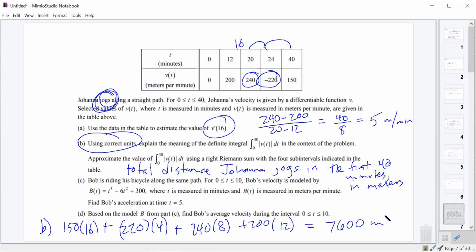All right. Part C. Bob is riding his bicycle along the same path. Bob's velocity is modeled by this b of t function. We want to find his acceleration. So finding his acceleration ought to be easy, right? Because we're given his velocity. B prime at 5 should be 3t squared minus 12t at t equals 5.